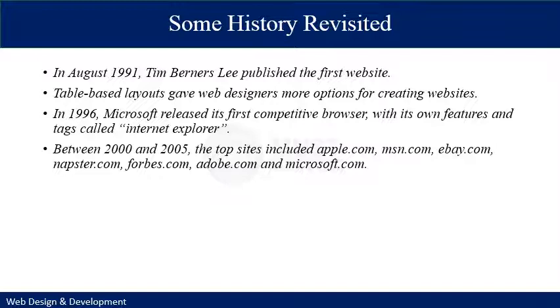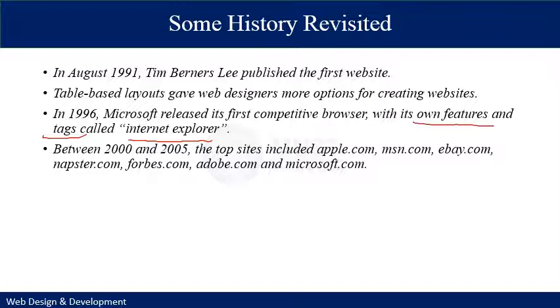But those tables were not very effective, and in 1996 Microsoft released its first version of a competitive browser, the famous Internet Explorer, which had its own features and its own tags for creating layouts, such as tabular tags and heading tags.